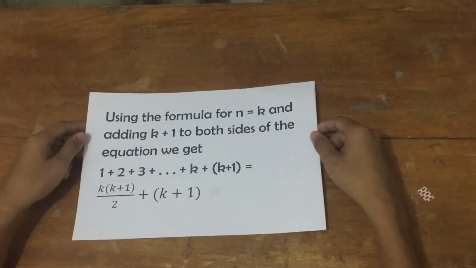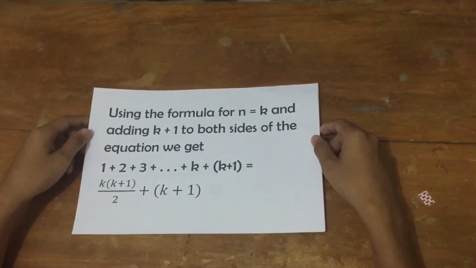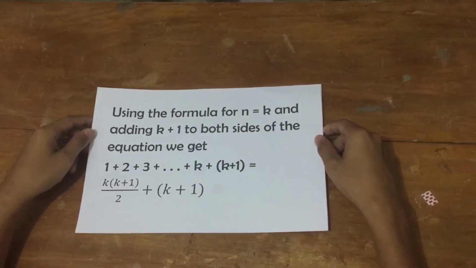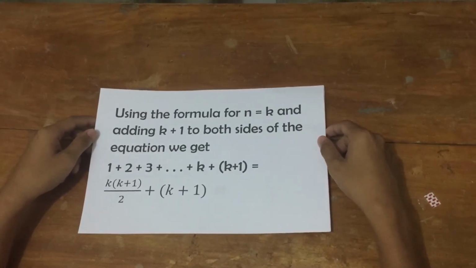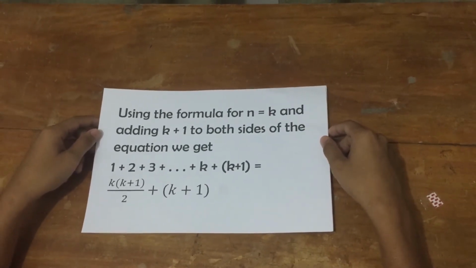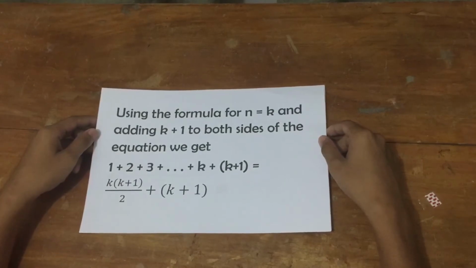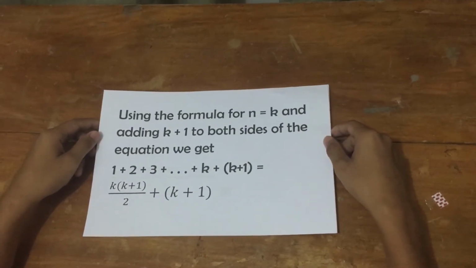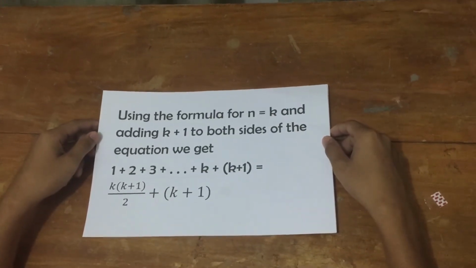Let's proceed. Using the formula for n equals k and adding k plus 1 to both sides of the equation, we get 1 plus 2 plus 3 plus ... plus k plus quantity k plus 1 equals k times quantity k plus 1 over 2 plus quantity k plus 1.